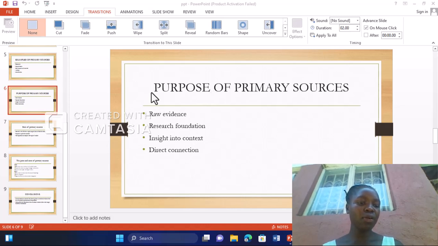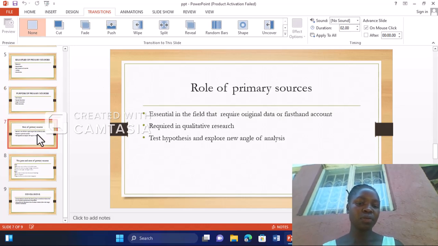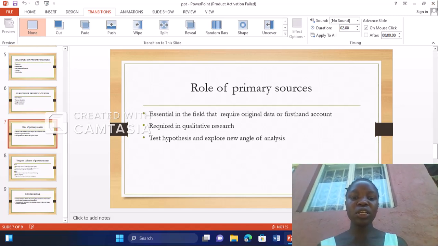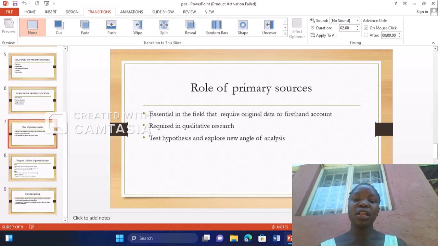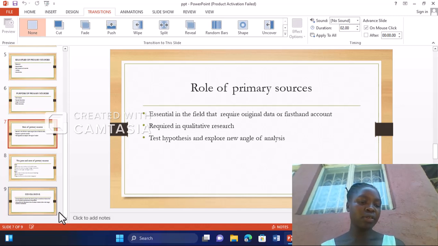Then when we go to the roles of the primary source, it is essential in fields that require original data or first-hand accounts. It's required in qualitative research that tests hypotheses and explores new angles of analysis.